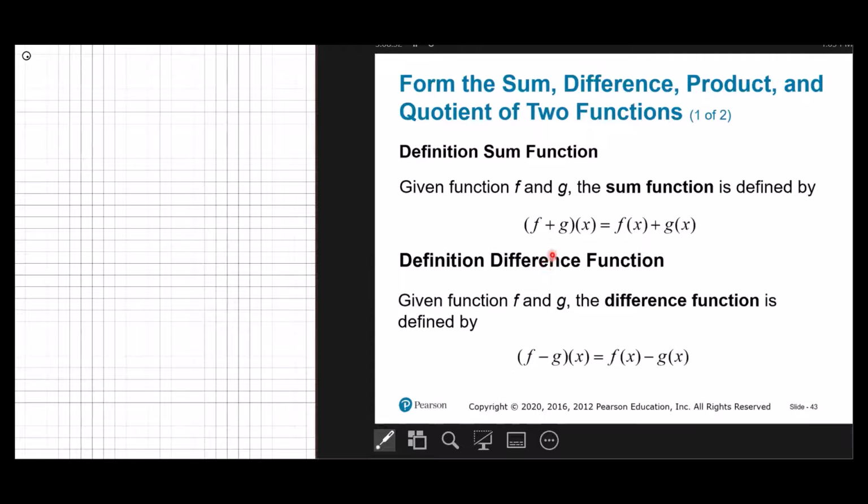This is just notation. The only thing this notation means is that we're adding these two functions together. This notation down here means we're subtracting the two functions. So it's f of x minus g of x. Please be aware that if you're subtracting an expression, you need to put it inside parentheses. So you're subtracting the whole thing, not part of it.